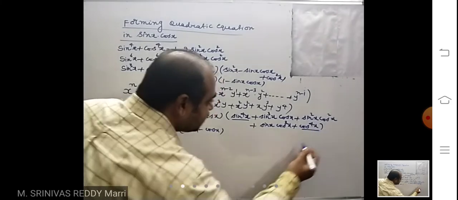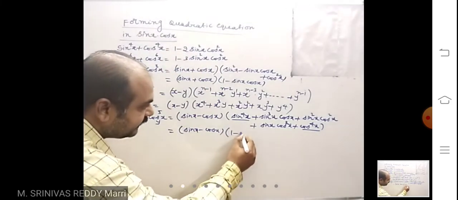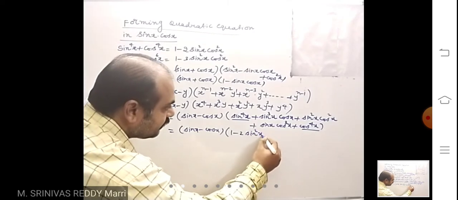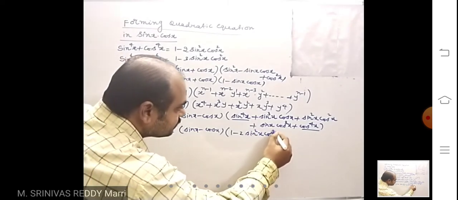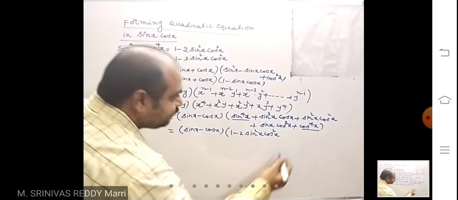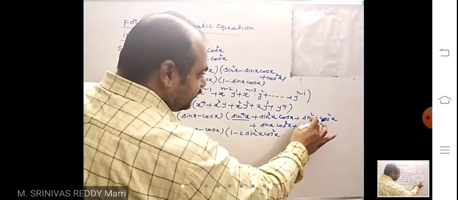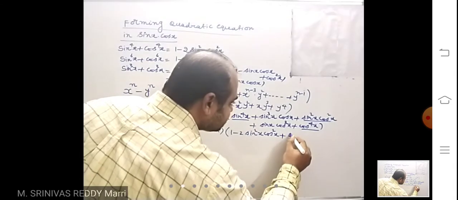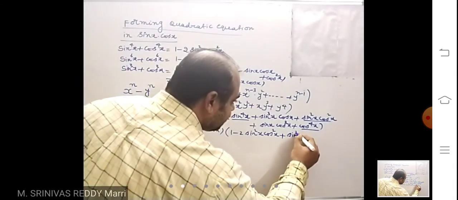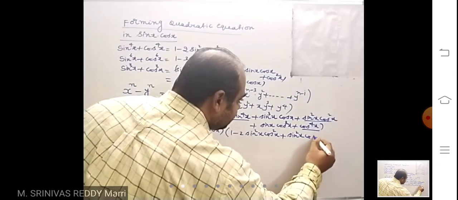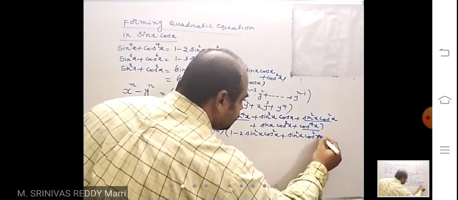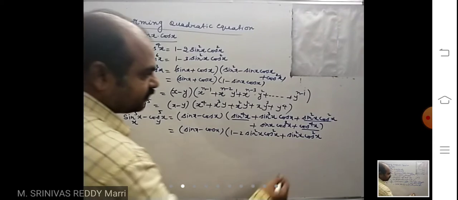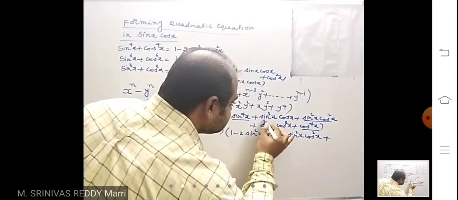This term and this term I am writing as 1 minus 2 sin square x cos square x. Right? So this term and this one are there, plus this term, plus sin square x cos square x. I am writing here sin square x cos square x. Then look at this term and this term.